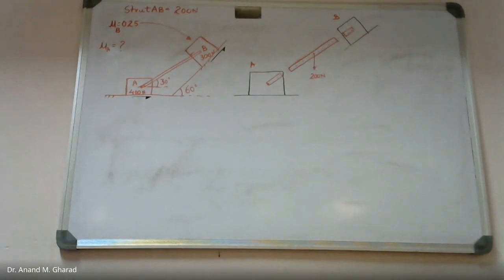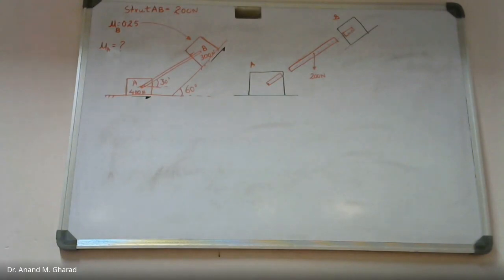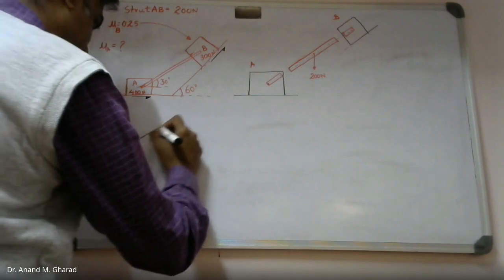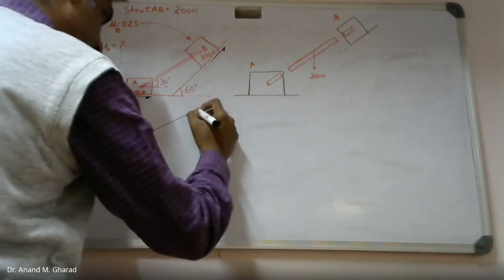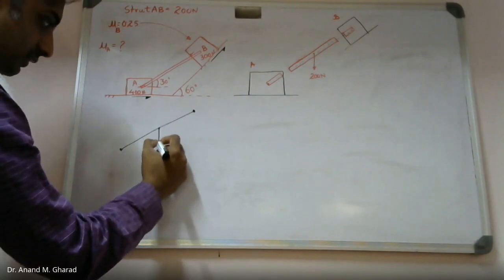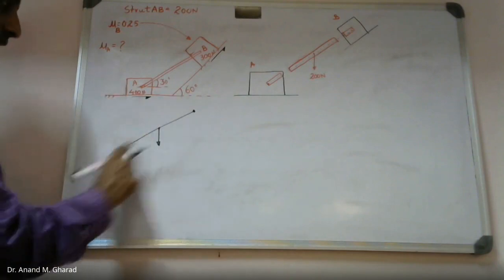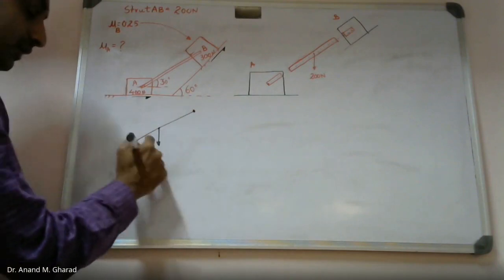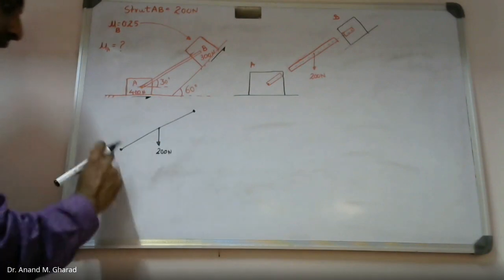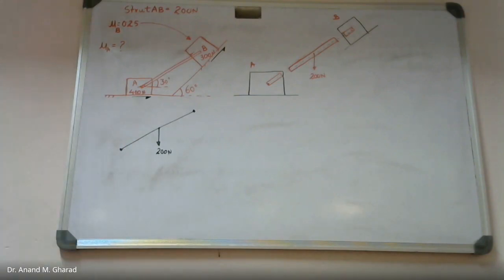Now, if you remember, we had discussed that whenever there is a pin connection, two forces will be developed. And if the rod, which is getting connected with another rigid body with the help of pin supports, has some non-zero weight, then you will expect horizontal and vertical reactions both.